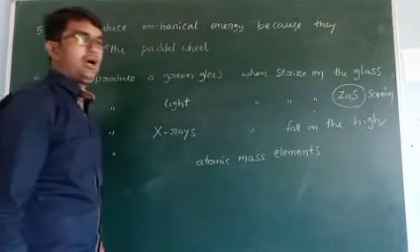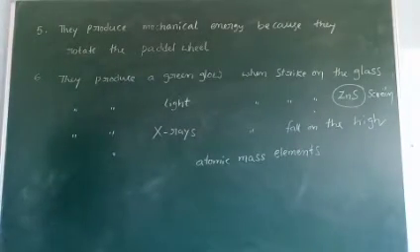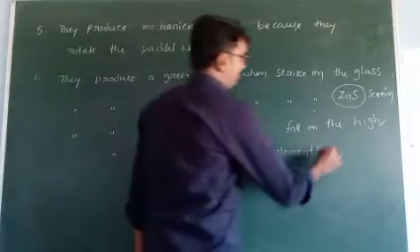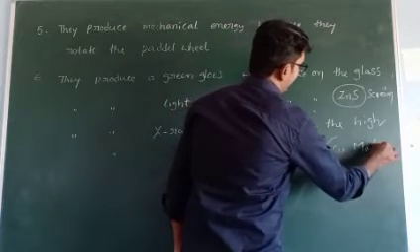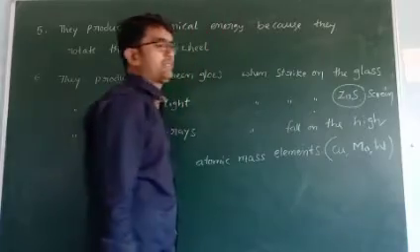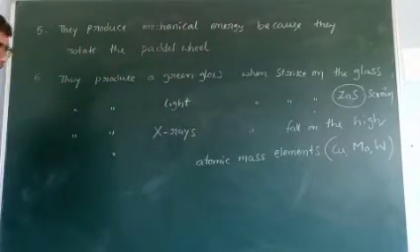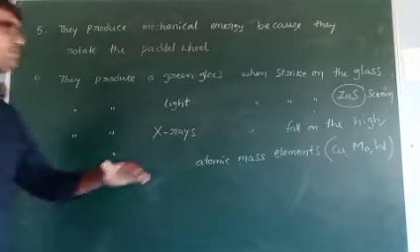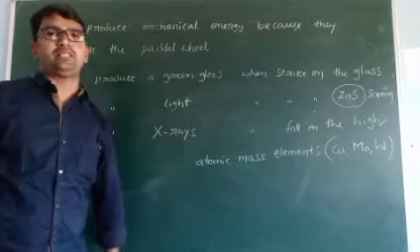High atomic mass elements means tungsten, copper, molybdenum. These are all examples of high atomic mass elements. Okay, sir, what about the small atomic mass elements? They can pass through the small atomic mass elements.